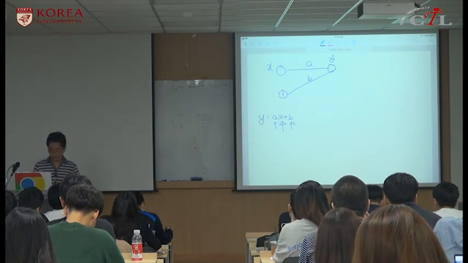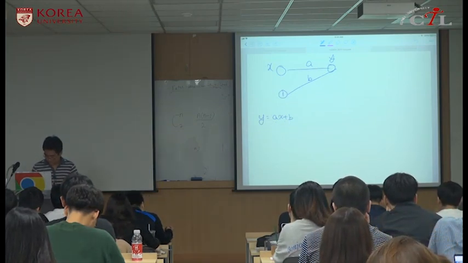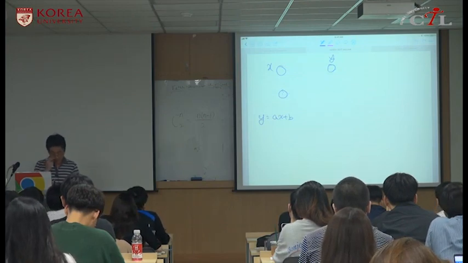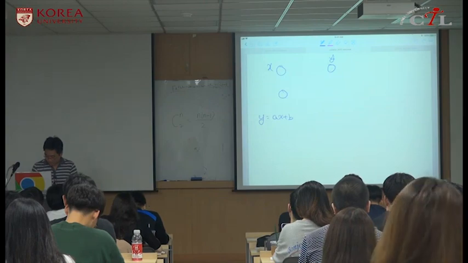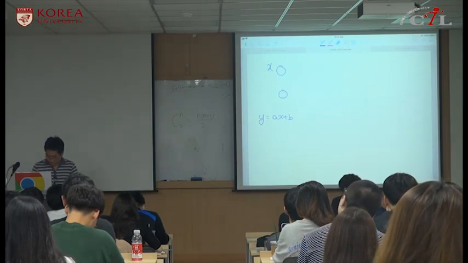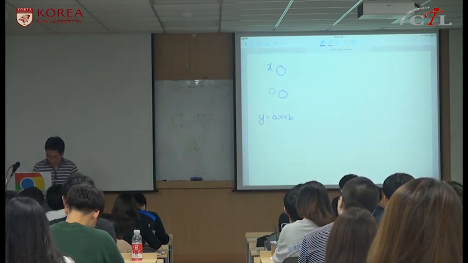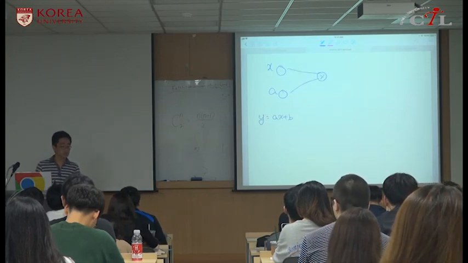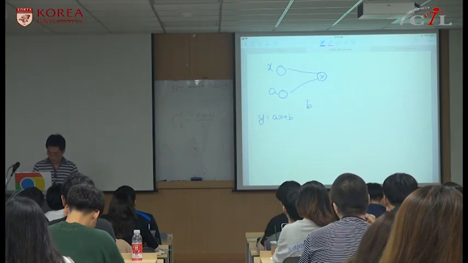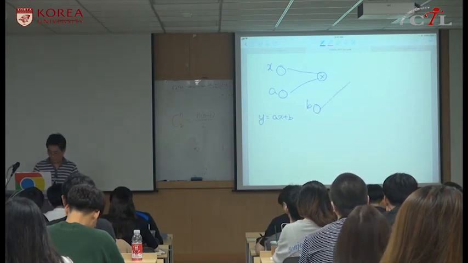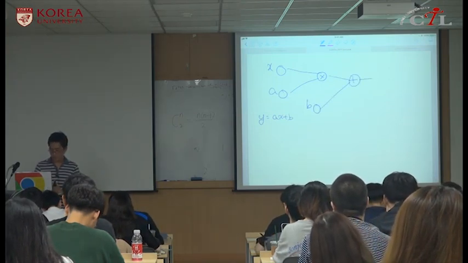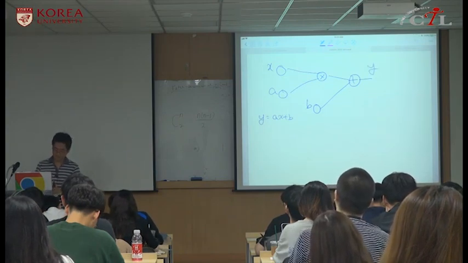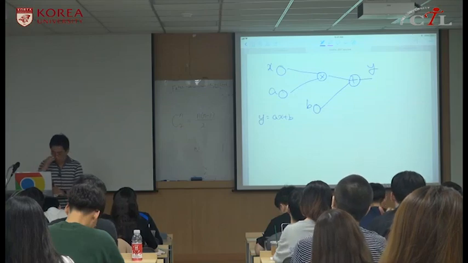You will see why. So I can draw this computational graph with the node A, multiplied together with another node, and then B is added. So this is Y, right?